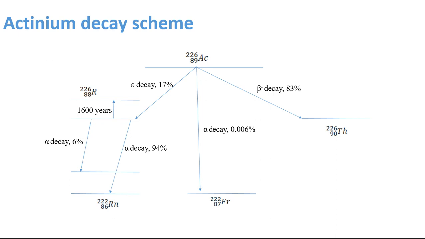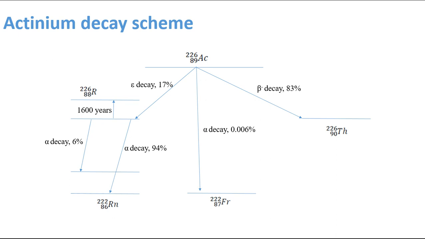It can also decay directly to francium by alpha decay with a very small branching ratio probability, and it can decay to radium, and it can further decay to radon with alpha decay.